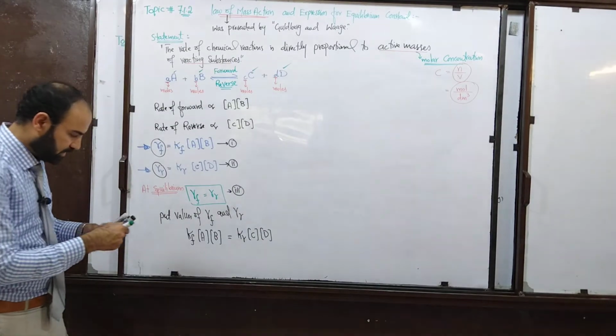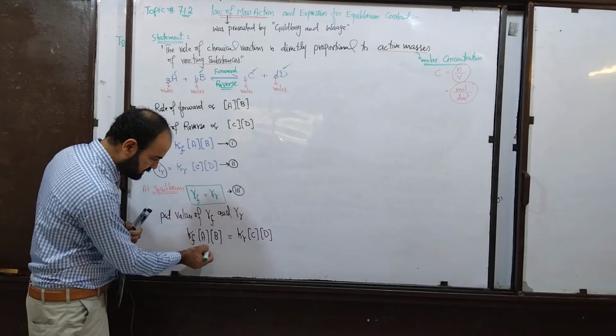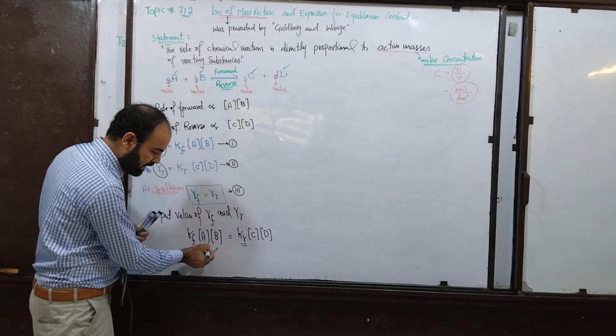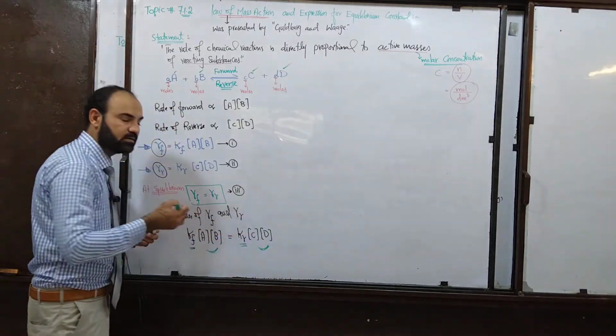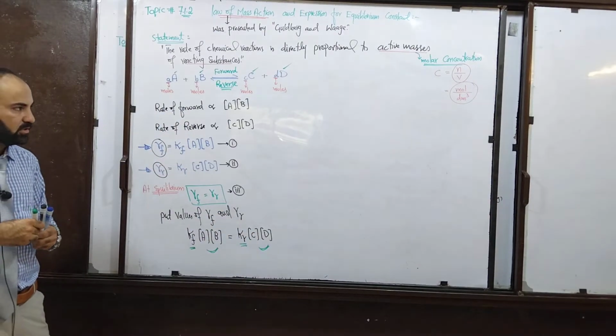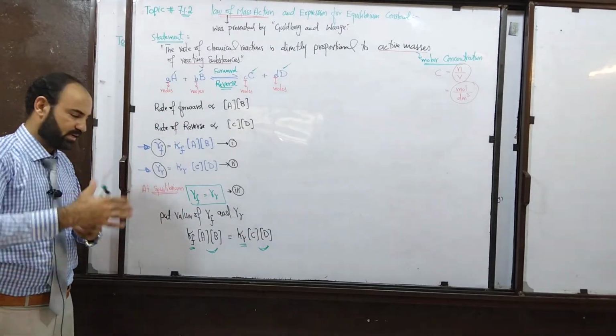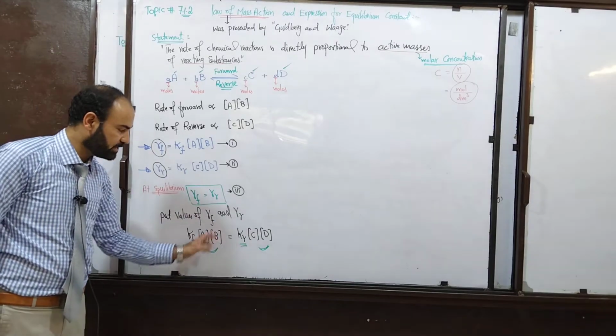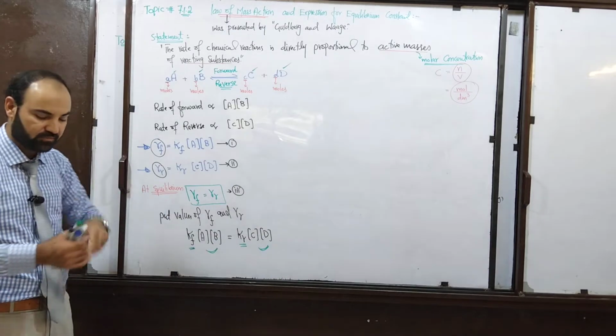Okay, so look here, these are constants in the equation, while these are variables in this equation. So we will move constant terms to one side, and concentration of reactants and products to another side of the equation.